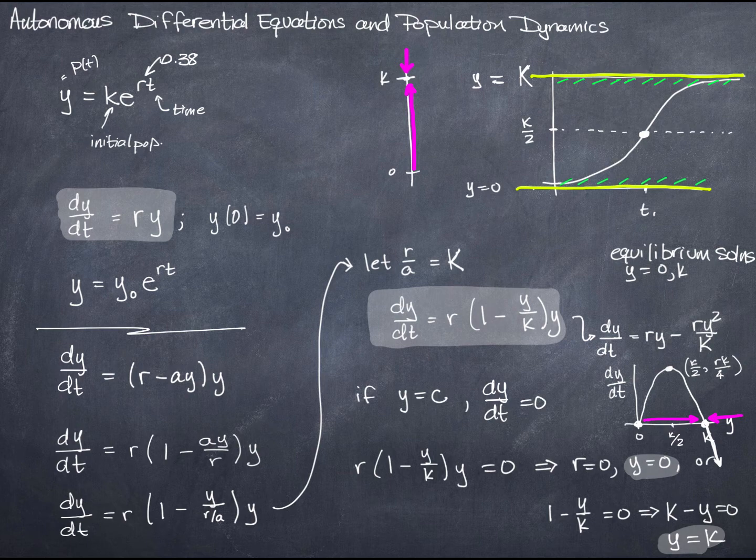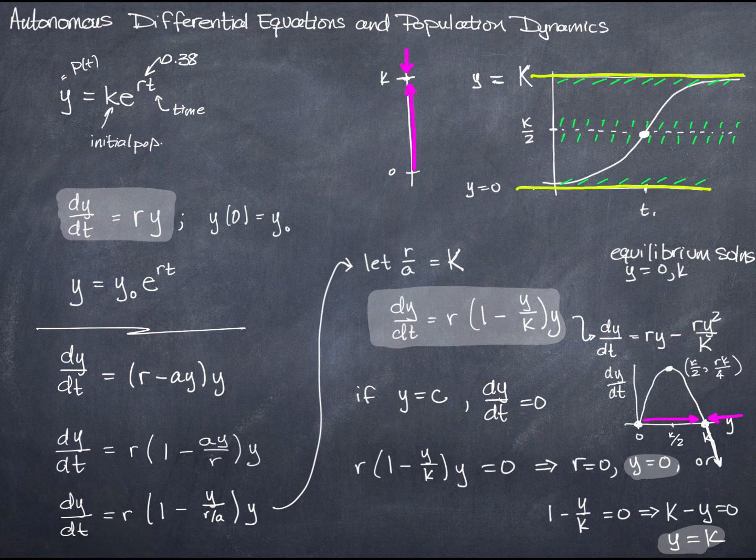As I get close to values of k over 2, I have very large positive slopes. So when I draw my lines in here, they're going to be very steep. And they are also going to be positive on both sides of k over 2. So let me do that.